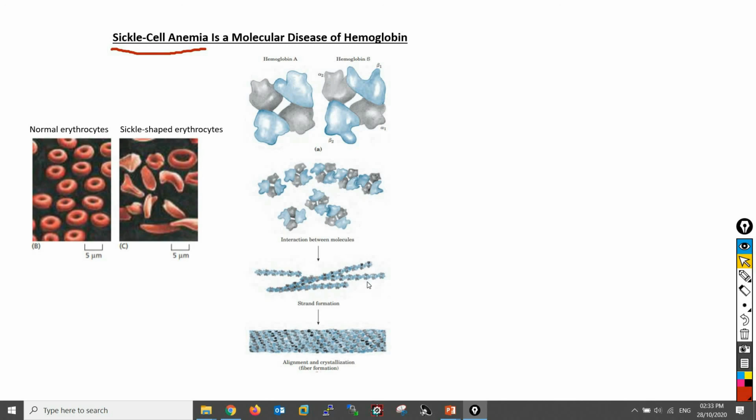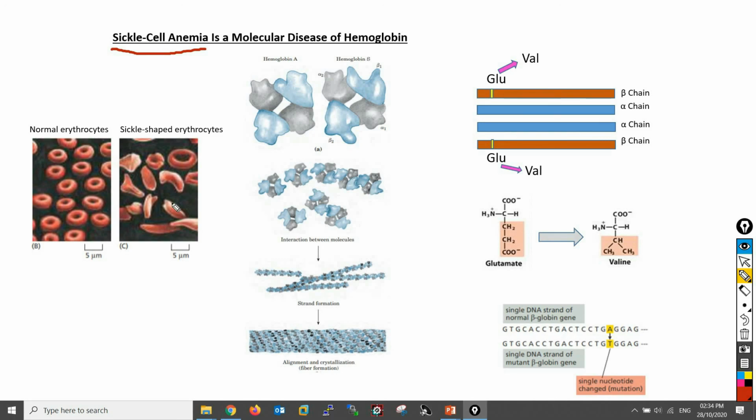The insoluble tubular fibers of deoxygenated hemoglobin S cause the deformed sickle shape of the erythrocytes, whereas the normal hemoglobin, or hemoglobin A, remains soluble on deoxygenation.